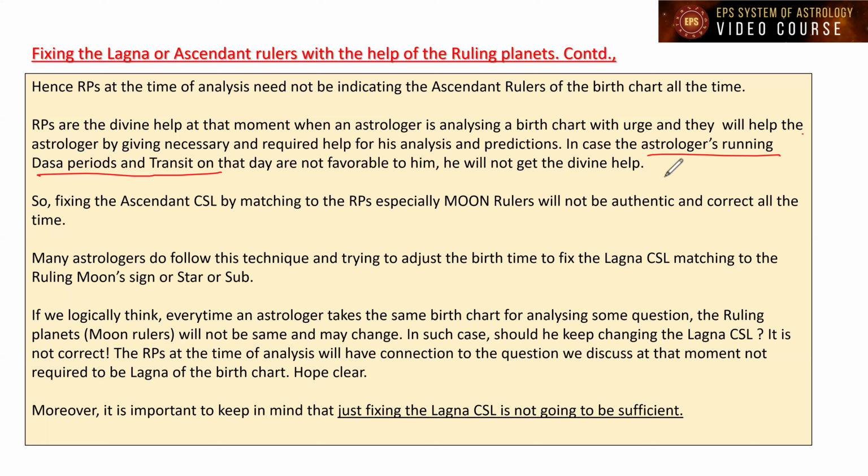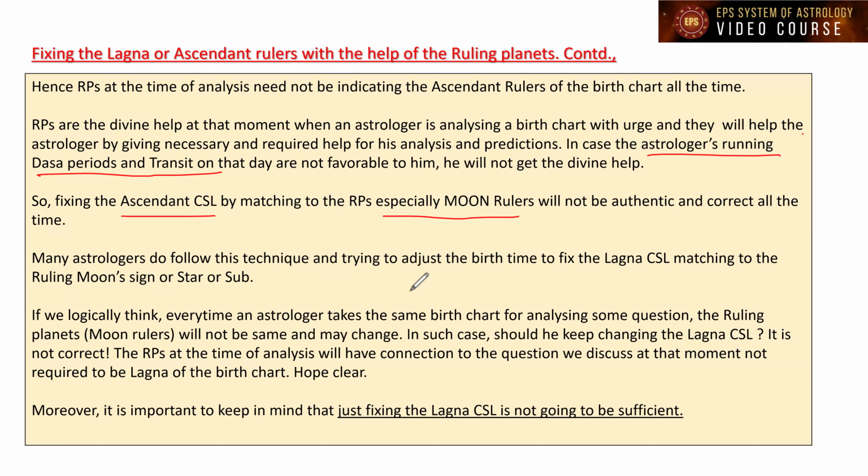So fixing the ascendant cuspal sublord by matching to the ruling planets, especially moon rulers, will not be authentic and correct all the time. Many astrologers do follow this technique and try to adjust the birth time to fix the lagna cuspal sublord or cuspal sub-sublord matching to the ruling moon sign, star, or sub at the time of analysis.